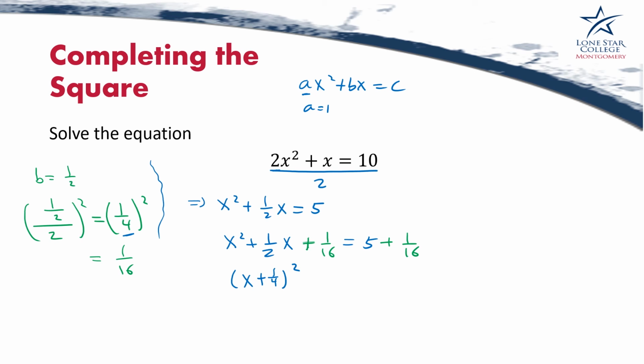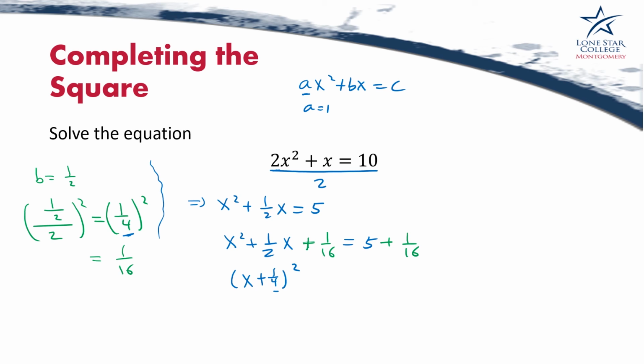That's why you always want to make sure you write everything out. The reason is that we need to find two numbers that multiply to 1/16 and add up to 1/2. So 1/4 times 1/4 gets you 1/16, and 1/4 plus 1/4 gets you 2/4, which reduces to 1/2. So it's a little shortcut: if you write this out, whatever goes here is what you squared earlier.